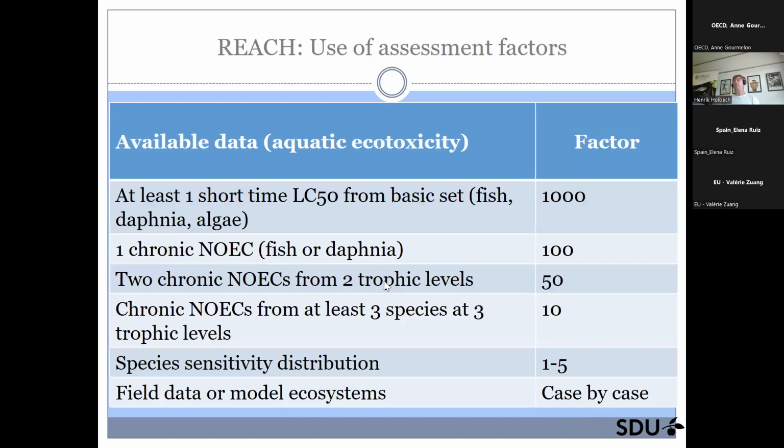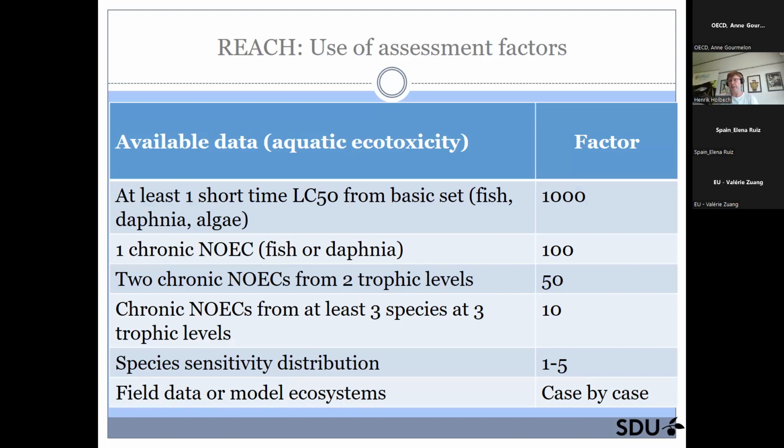Next slide, please. And here's just an example from one of the European regulations, REACH, that covers all the industrial chemicals. And here you see data for aquatic ecotoxicity. So it's all related to the amount or the type of information you have. If you only have, for example, one short LC50 test, then you use a safety factor of 1,000.